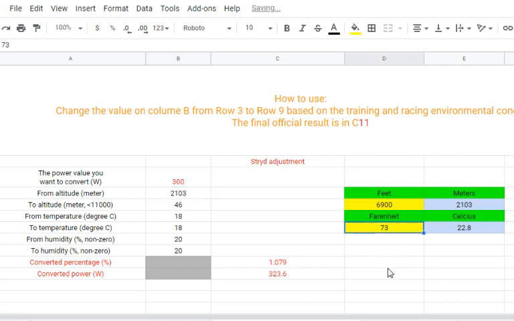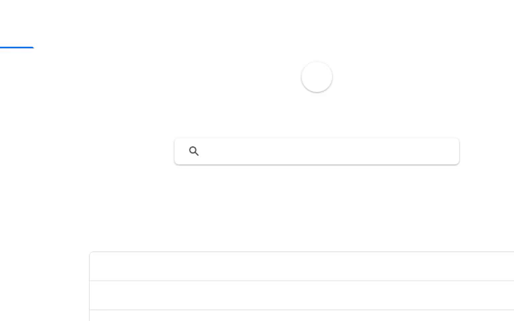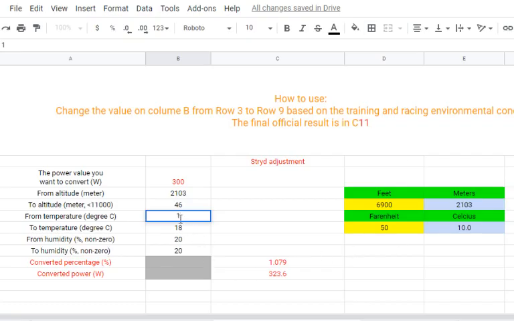And let's say their typical training temperature has been 50 degrees. So it comes down to here, and I'll type in 10, that's 10 degrees Celsius, 50 degrees Fahrenheit, and let's say it's 20% humidity, just for example.